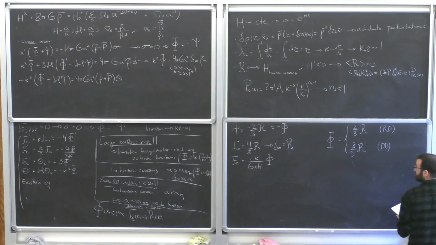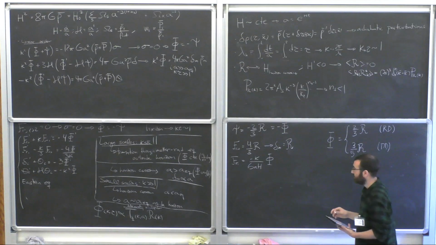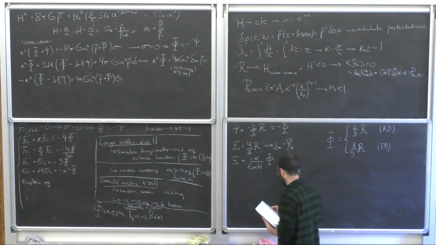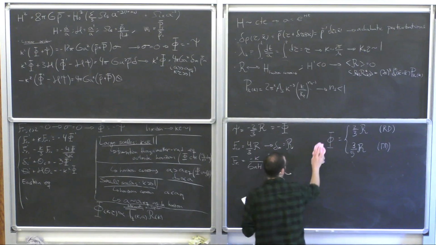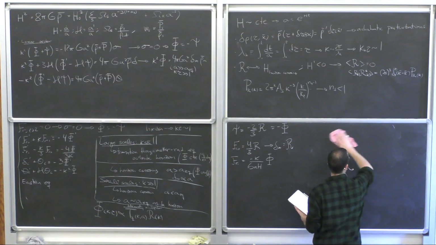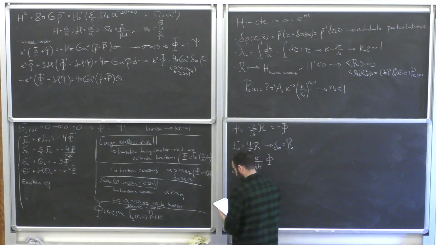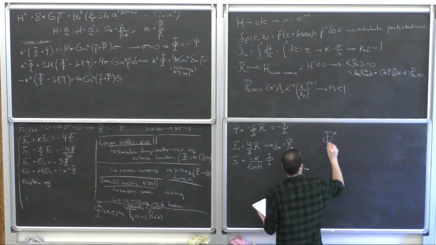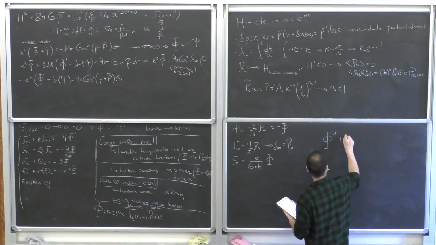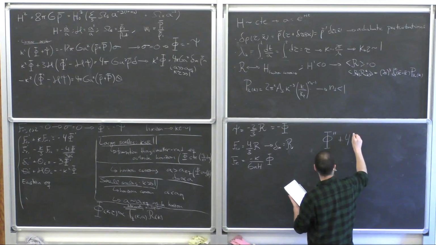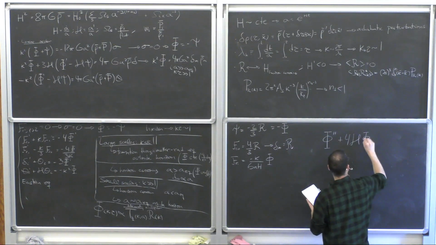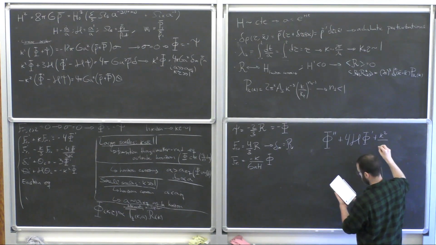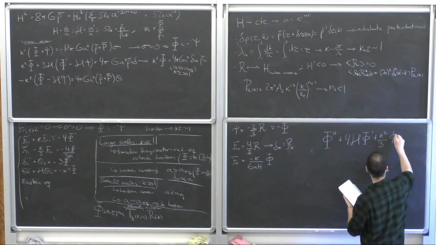In this case, if we start connecting the evolution equations, we get to an equation for the gravitational potential that goes as this.